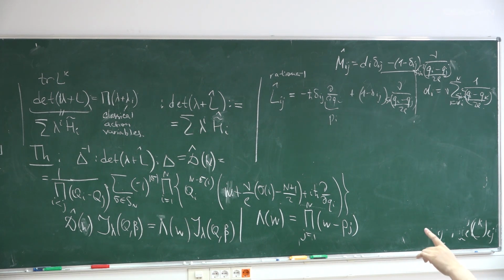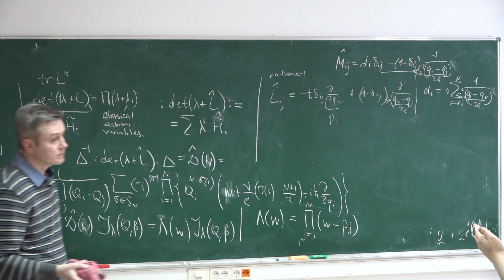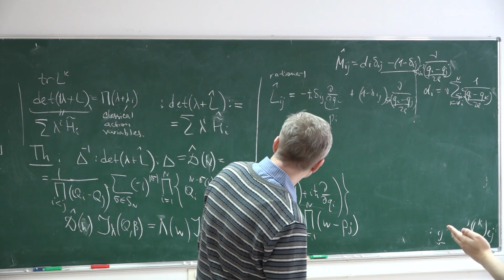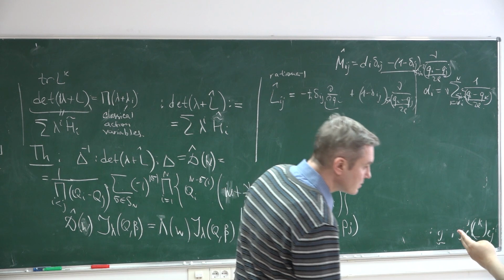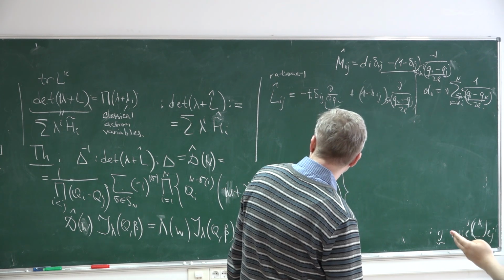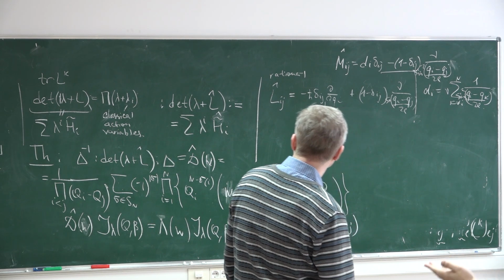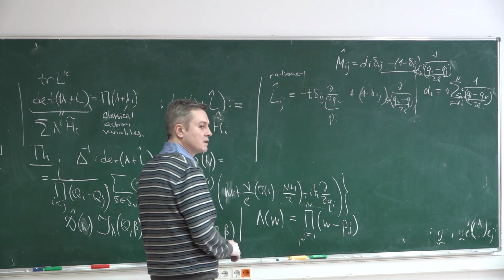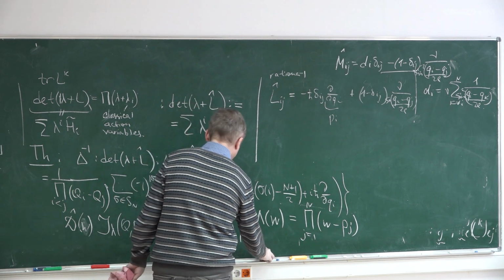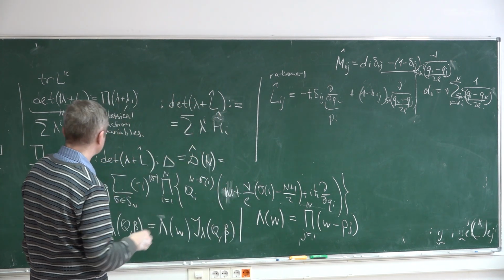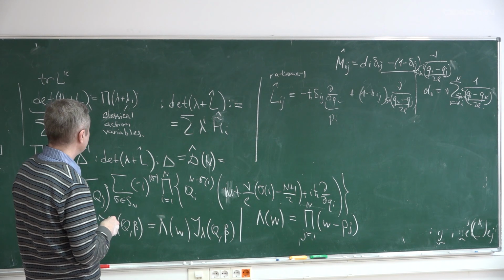I'm sorry, I have a question. For example, in the classical case, you wrote the determinant of lambda plus L, but lambda is a multi-index and L is a matrix. So what do you mean? Oh, no. This is what I just tried to tell you.